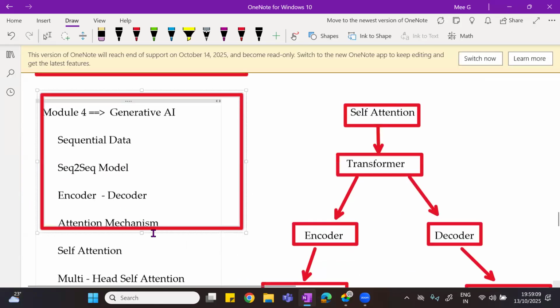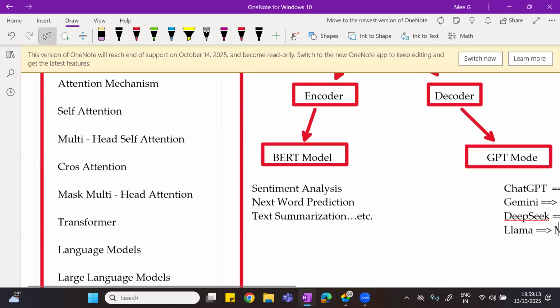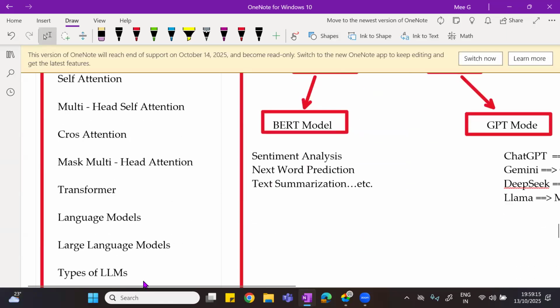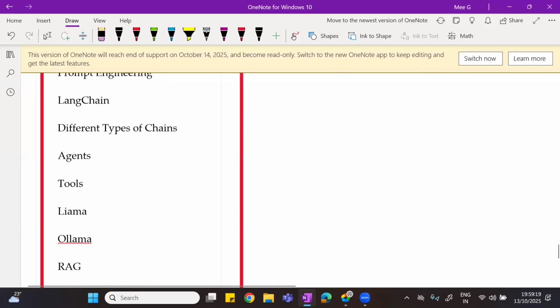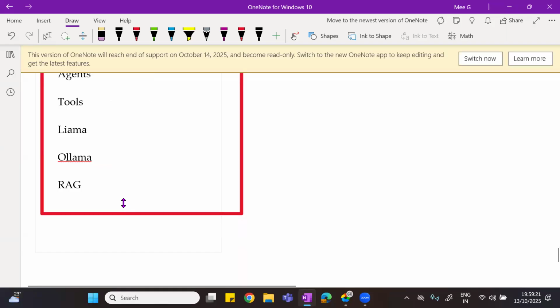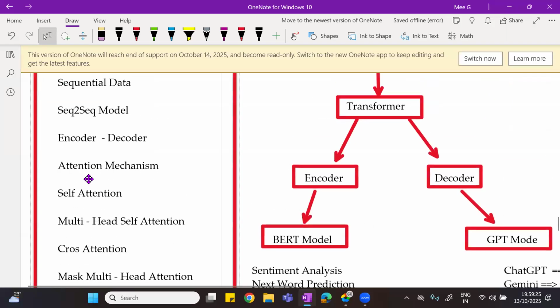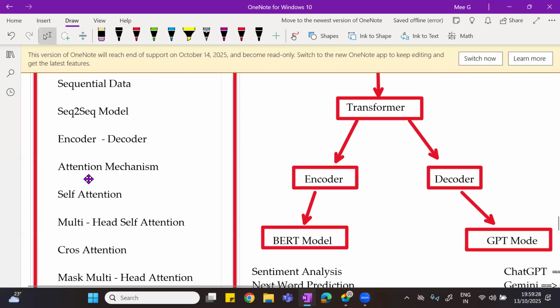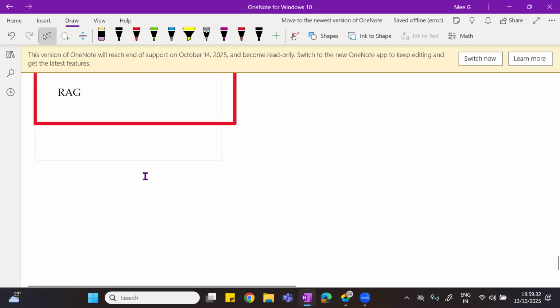Now, from here, we will take an extension of generative AI and go with our agentic AI. Agentic AI is more like autonomous agents, or autonomous AI. That is our last module, which we call agentic AI.